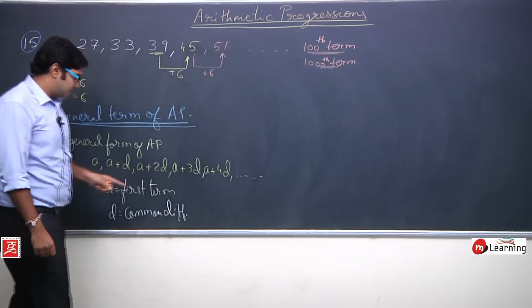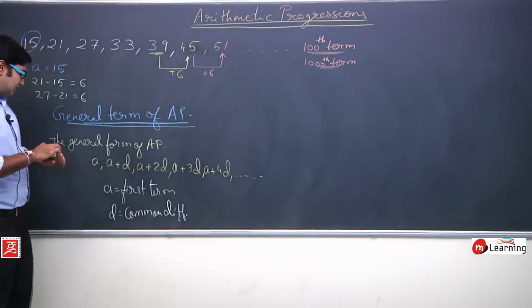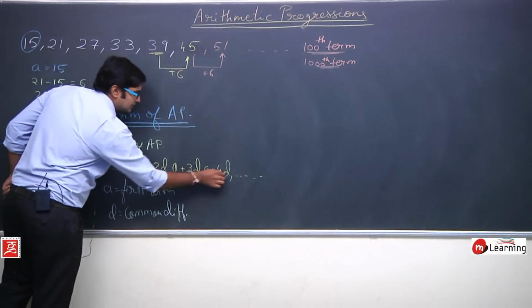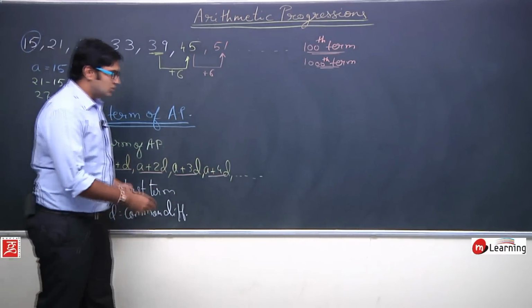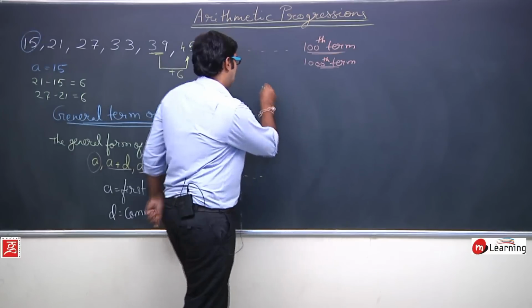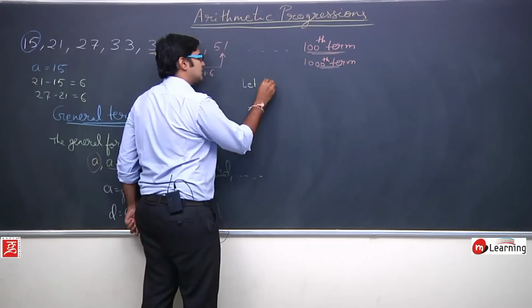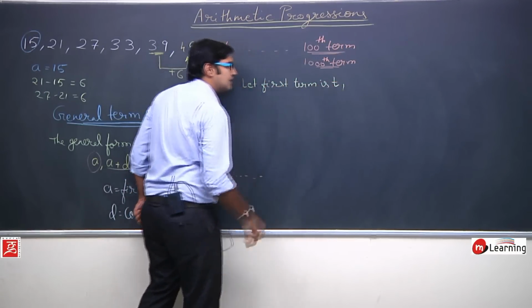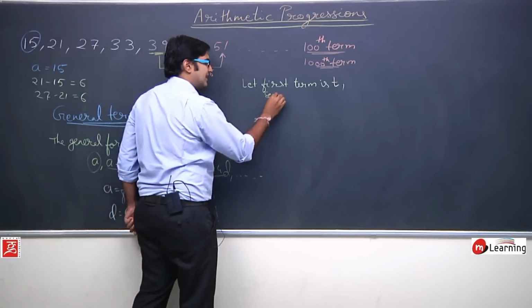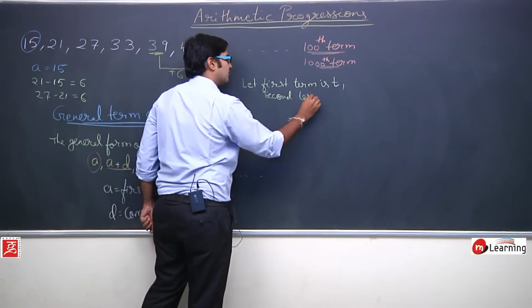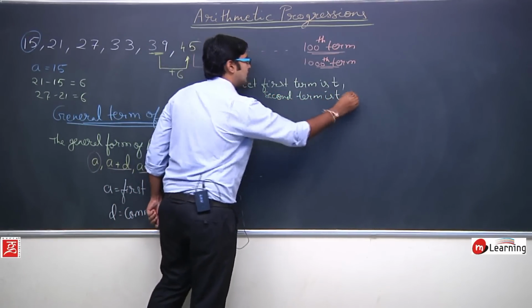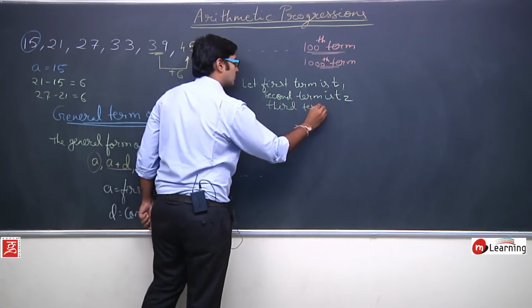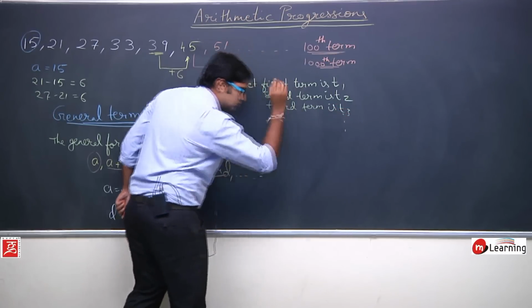What you can see is, in this arithmetic progression, this is the first term, this is the second term, this is the third term, this is the fourth, and this is the fifth term, and so on. So, I am assuming that the first term is T1, then the second term is T2, the third term is T3, and so on.